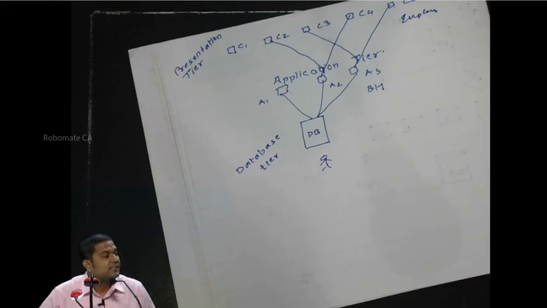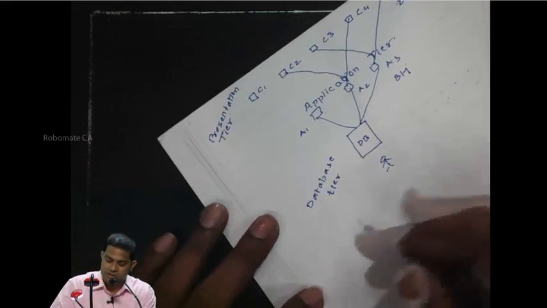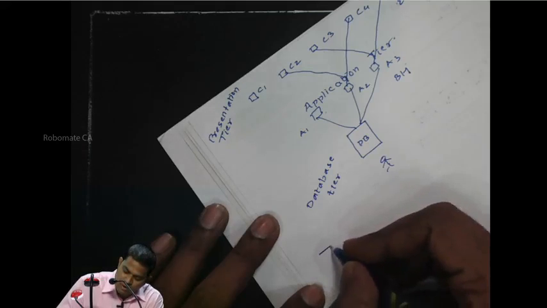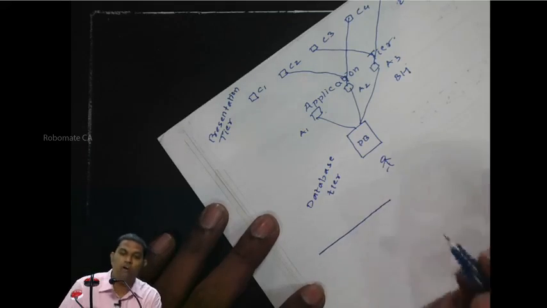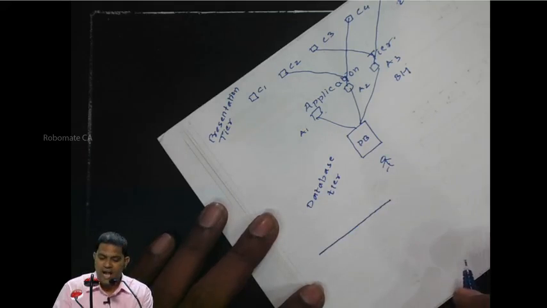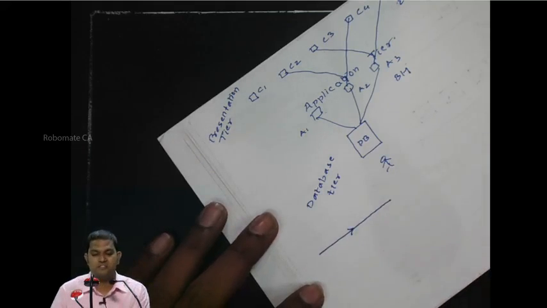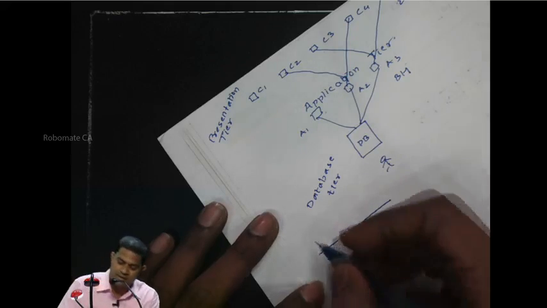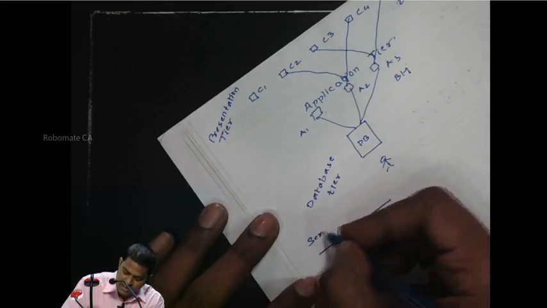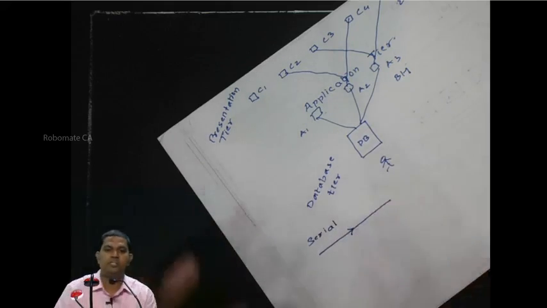One is called serial transmission and the other one is called parallel transmission. In a serial transmission, there will be one single line of communication and one single bit will be transferred. Only one bit will be transferred. This is called serial transmission.